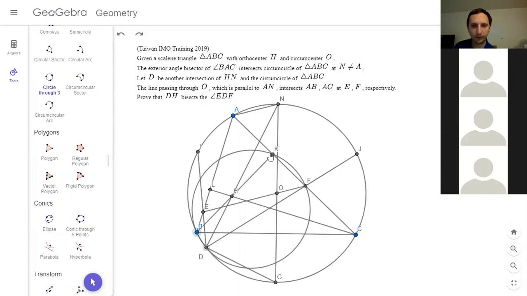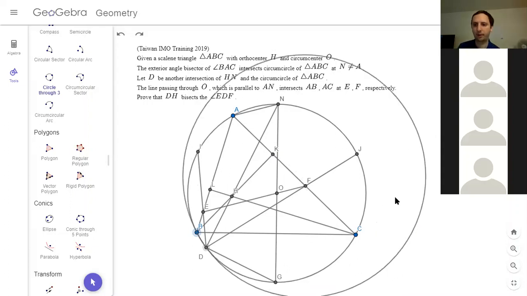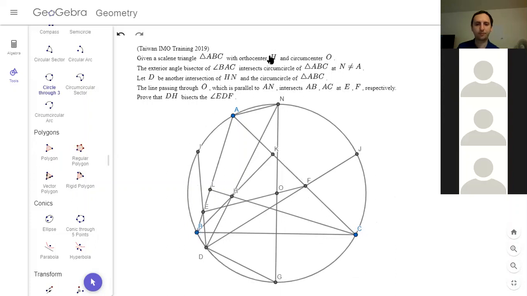I wonder if D isn't the point of tangency of the mixtilinear incircle, but it's something similar. The midpoint of HN may be useful because it's on the circle.